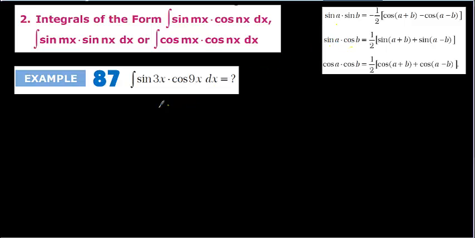So instead of sine 3x times cosine 9x, I'm going to write 1 over 2 times sine (3x plus 9x) minus sine (3x minus 9x) dx.